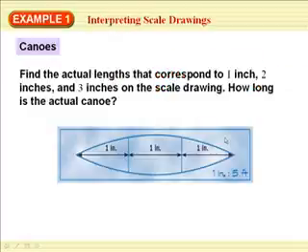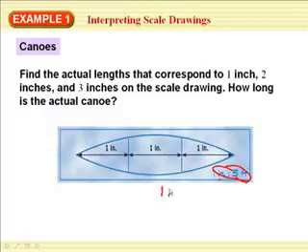So we start to look at example 1. It says find the actual length that corresponds to 1 inch, 2 inches, and 3 inches on the scale drawing. How long is the actual canoe? So one thing that's important is to look at the scale. This down here is the scale. It is telling us that 1 inch equals 5 feet.